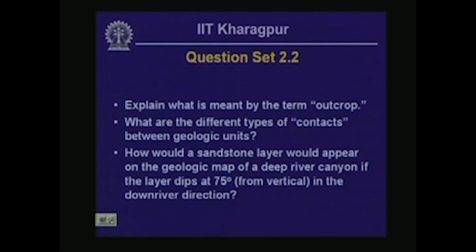The third question that I asked was, how would a sandstone layer appear on a geologic map of a deep river canyon if the layer dips at 75 degrees in the downriver direction.